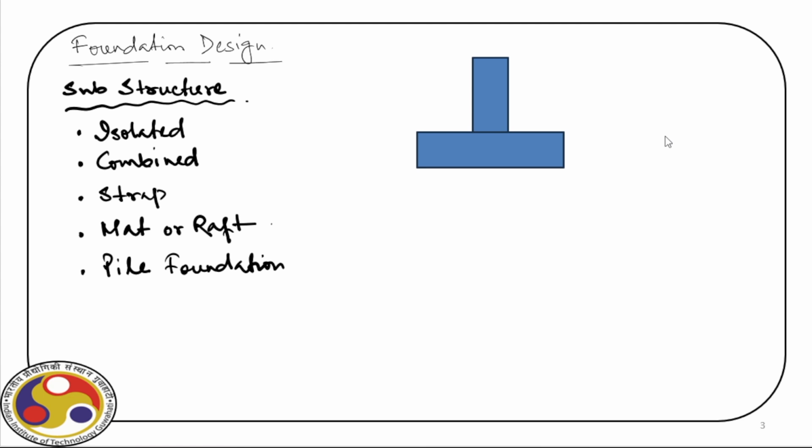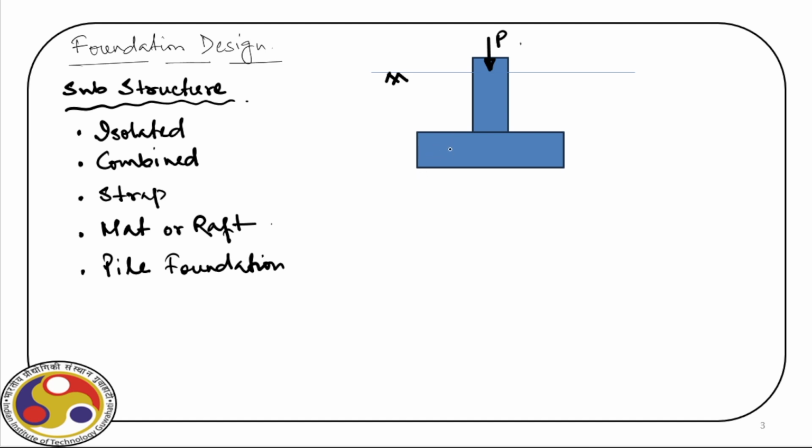So it is buried inside the soil and hence it is called substructure because it is below the ground level. So this is the ground level and the load coming from the column is actually transferred to the soil below.